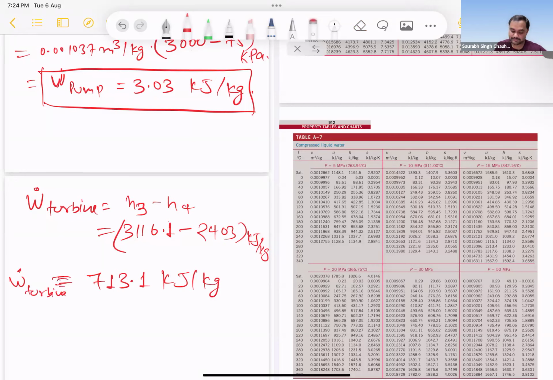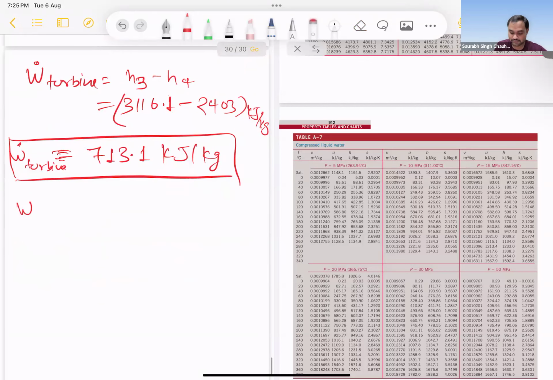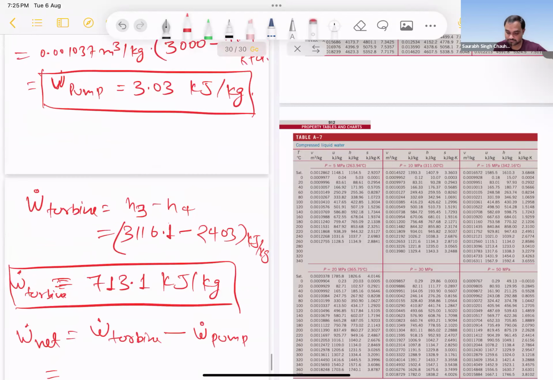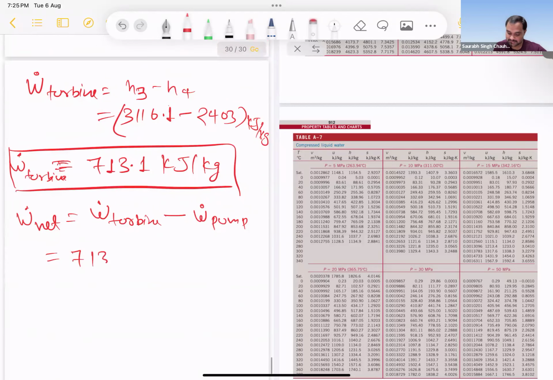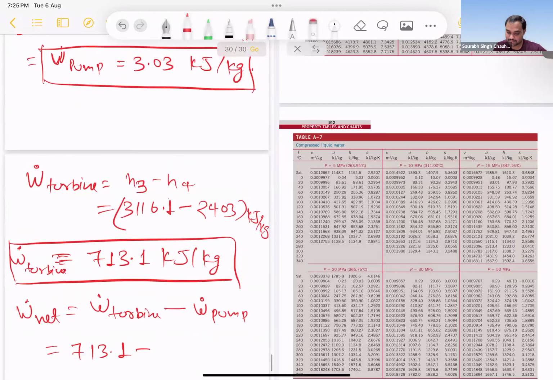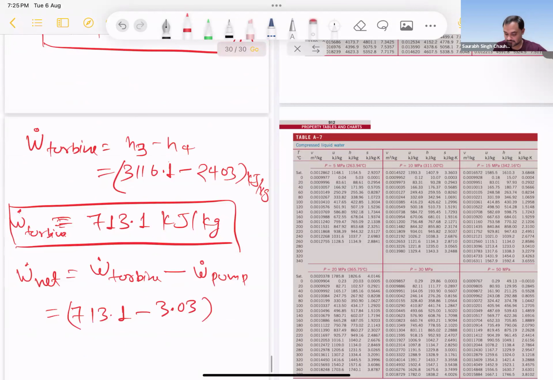So this is the turbine work. So the net work output will be what? Turbine work output minus pump work input. So 713.1 minus pump work input, which was 3.03 kilojoule per kg.